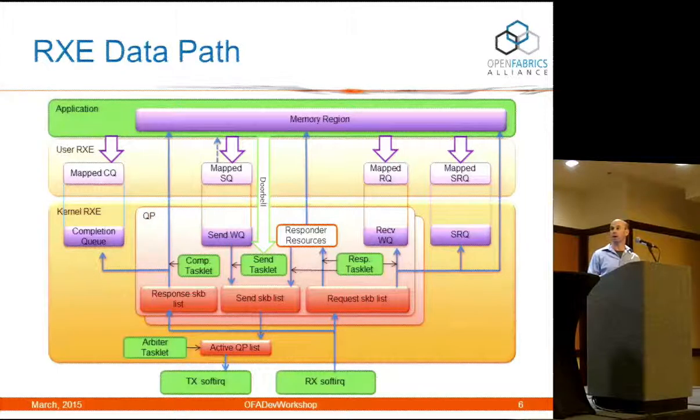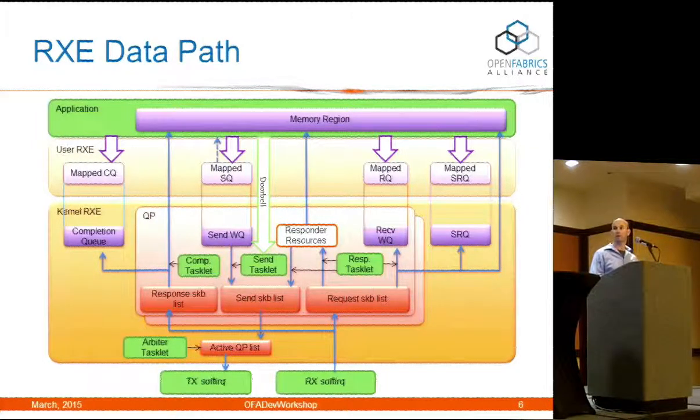The thing I want to concentrate on here are the execution contexts. Everything green is an execution context. We have the application that invokes system calls. We have the soft IRQs for TX and RX, and RX is usually NAPI these days. And then we have tasklets, actually quite a few.